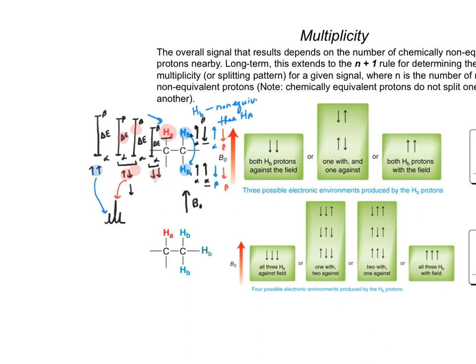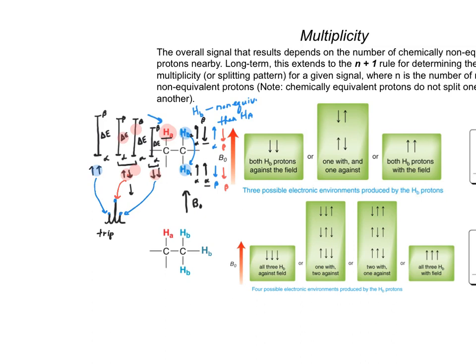And then finally, this guy is represented by this guy. Because there were two ways that we could arrange both of those protons for HB as one with and one against, we'll get a large peak right here in the middle that's twice the size of the two peaks on the outside. And so this overall is what we call a triplet.